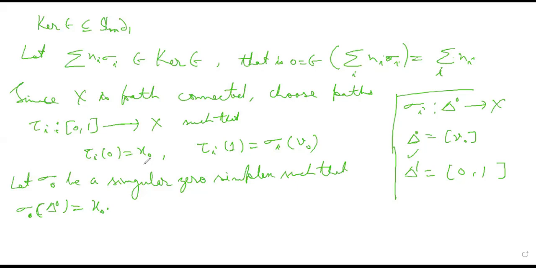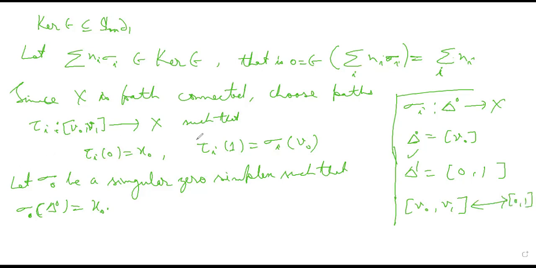So I think if we consider here tau I from v0 to v1, it will be convenient for us. We can always do it, right? v0 comma v1. Always we can do this because for any v0 and v1, of course, there is a homeomorphism between these and 0, 1.